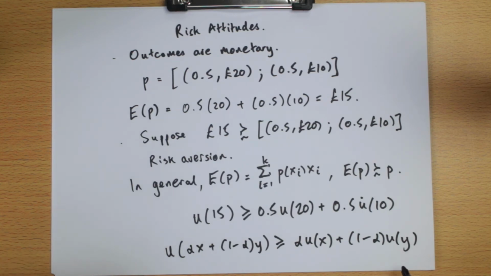You might also know concave functions as functions with negative second derivatives. If we have a concave function, then this inequality is true. And so the concavity, the shape of the von Neumann-Morgenstern utility function is telling us about this person's risk attitudes. In the case of a concave von Neumann-Morgenstern utility, it's saying the decision maker is risk averse.